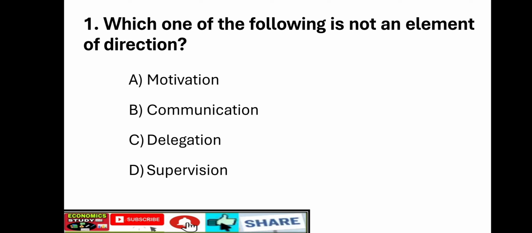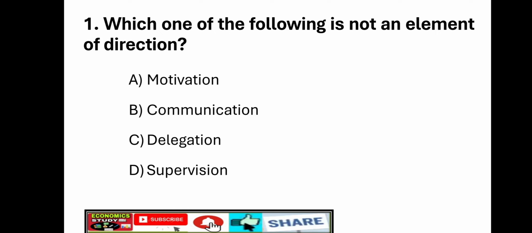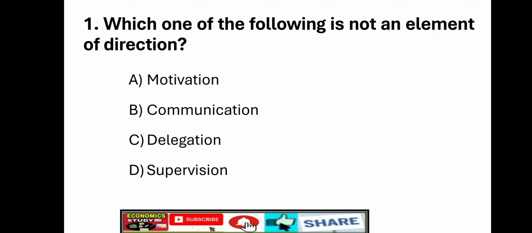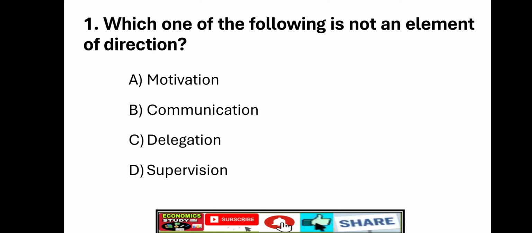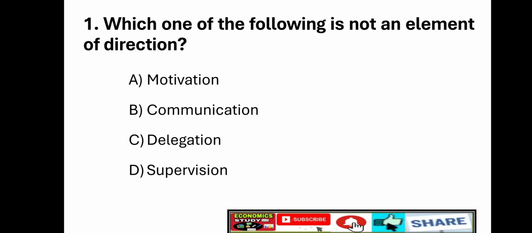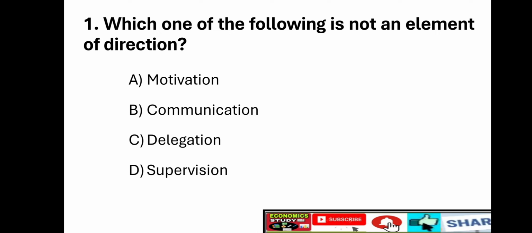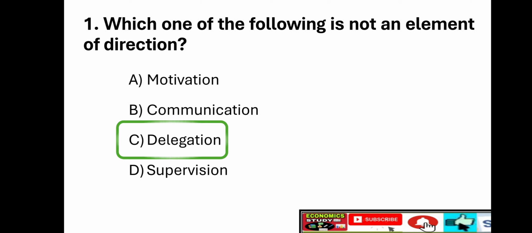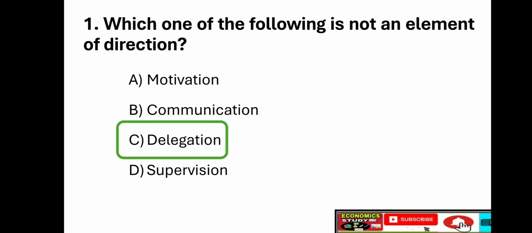First question. Which one of the following is not an element of direction? Option A, motivation. Option B, communication. Option C, delegation. Option D, supervision. Right answer is option C, delegation.